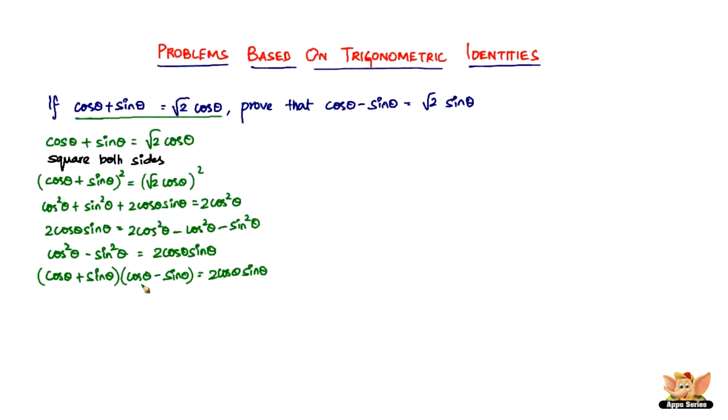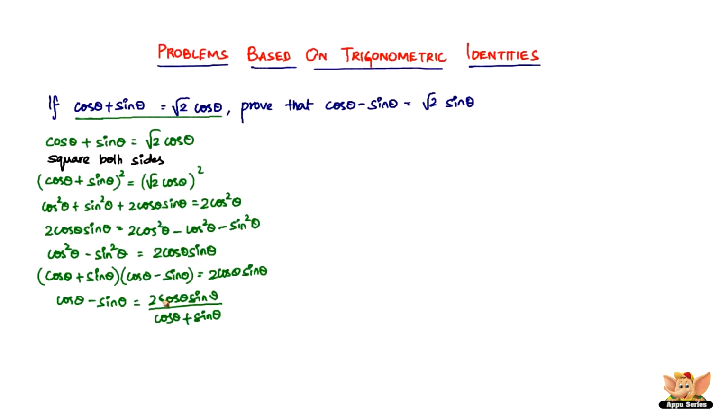So now what we have to do is keep cos theta minus sin theta on the left hand side, which is equal to 2 cos theta sin theta divided by cos theta plus sin theta, because cos theta plus sin theta is in multiplication with this. So when it goes to the right hand side, it goes in the form of a division. So that's what it is.